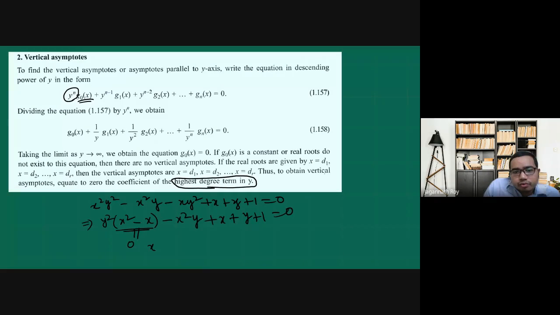So x into x minus 1 equals 0 gives x equals 0 and x equals 1, which are the parallel asymptotes.